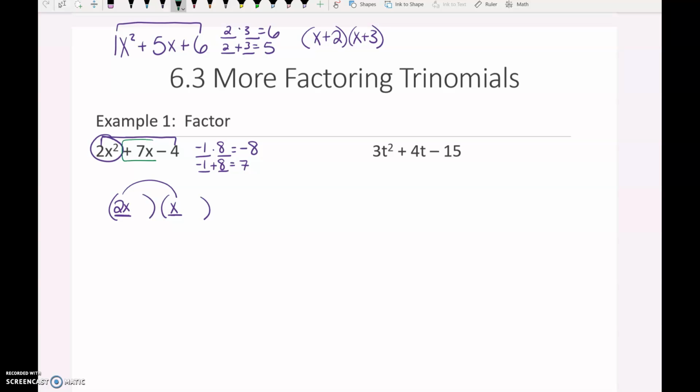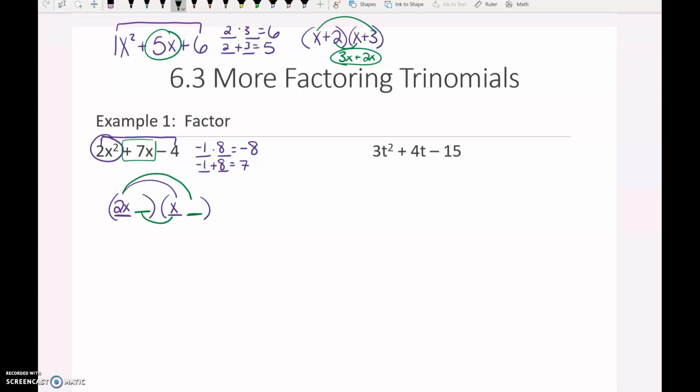Now, this middle number is created when we multiply 2x times this number and this number times x. Like up here, we do x times 3 to get 3x, 2 times x to get 2x. Those add together to give us the 5x.